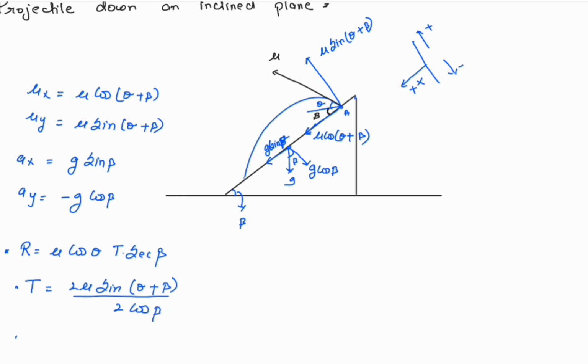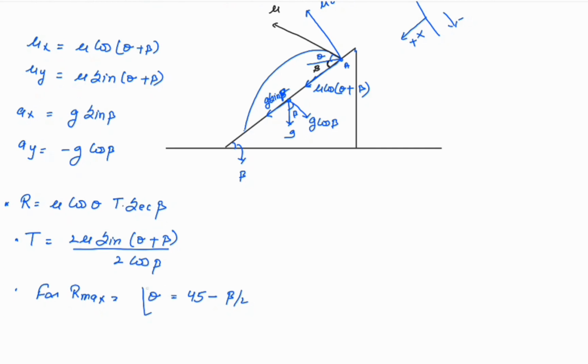And for the maximum range, this formula is only important for R max. The condition for the maximum range is that theta is going to be 45 minus beta by 2. Only this formula you need to remember for the inclined plane, inclined down the plane.